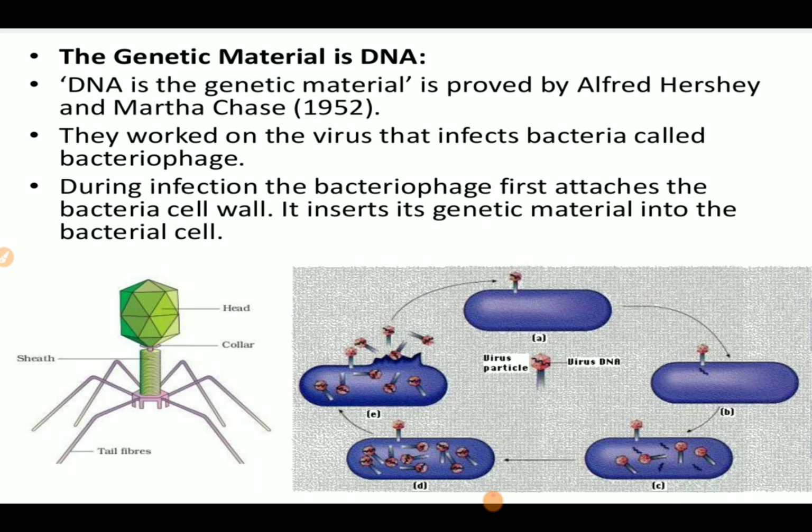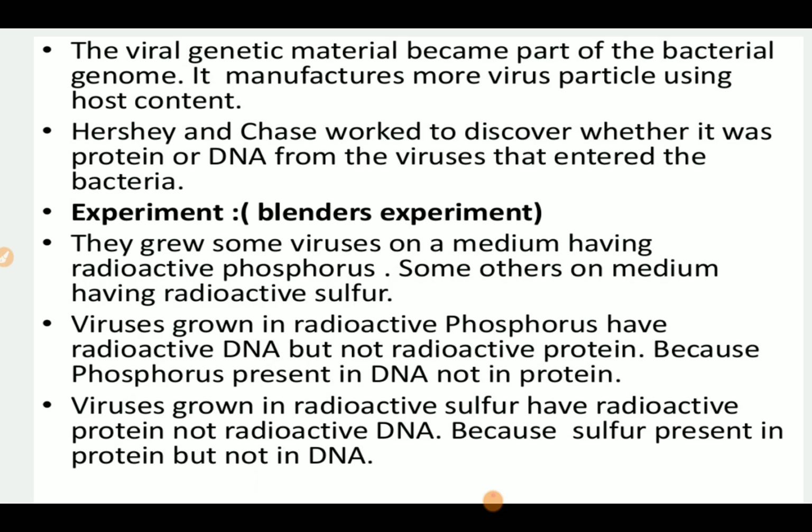So they used that to find which material, either the DNA or the proteins, goes inside the bacterial cell and is responsible for the formation of new viruses. That will be the genetic material. So that was the famous blender experiment of Hershey and Chase.